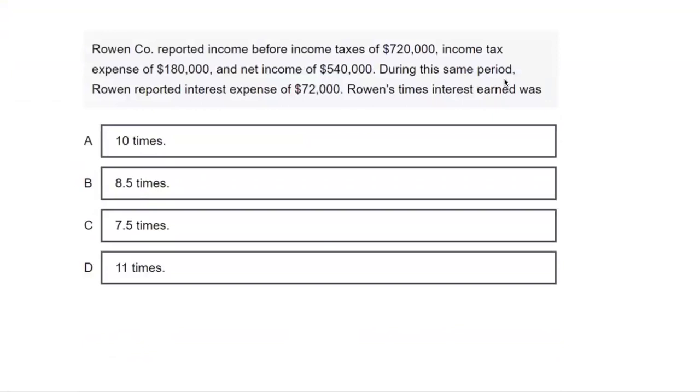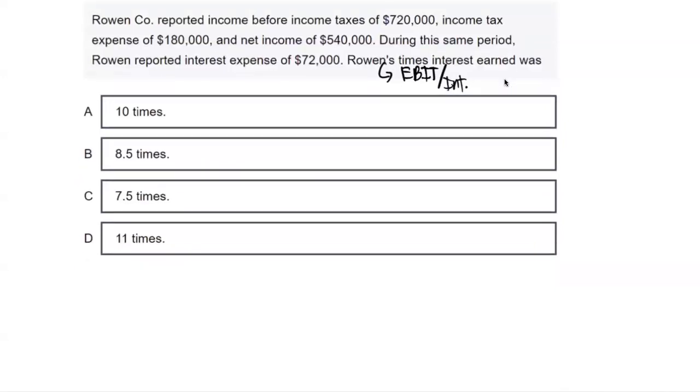Okay. Times interest earned. Ang times interest earned natin ay earnings before interest and taxes divided by interest. Correct? So, income before income taxes, 720, income tax 180, net income 540.